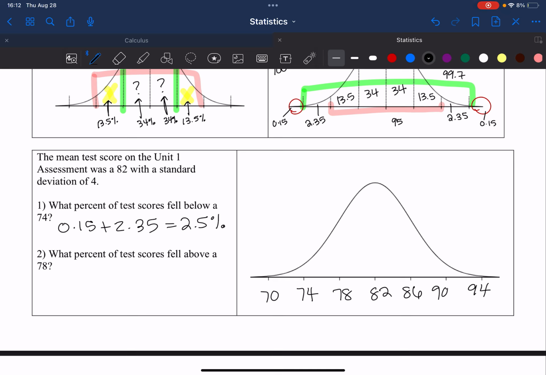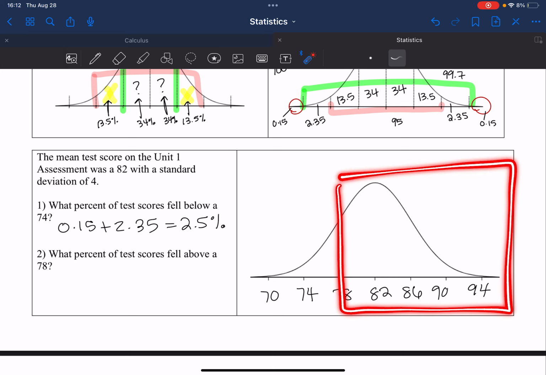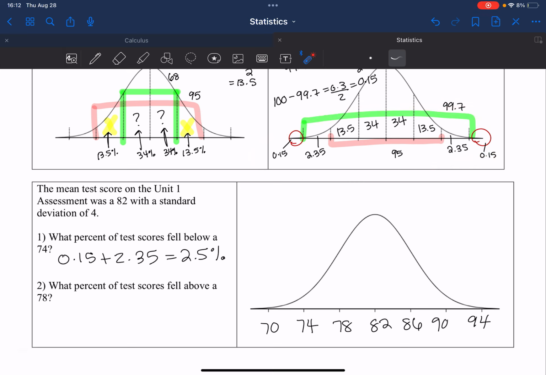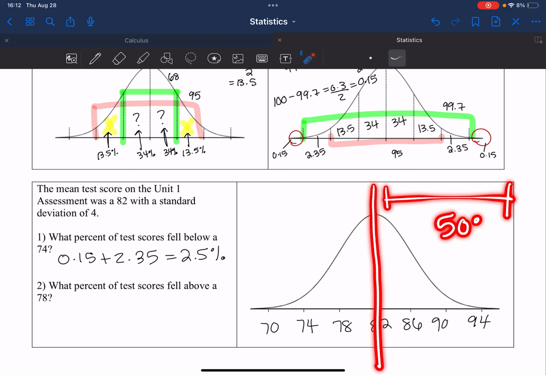Okay, the next one says, what percent of test scores fell above 78? So now I'm looking at all of this over here. Well, I could refer back up here and add up all these values. Or I could recall that half the data is on one side of the mean, which means this whole portion here is 50%.